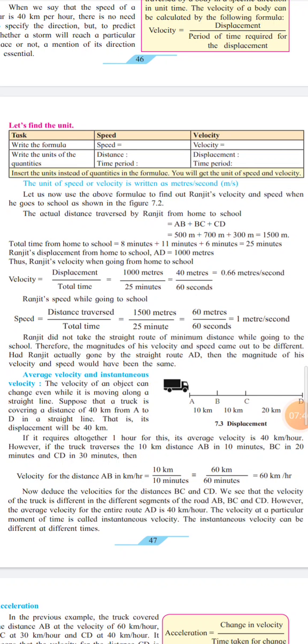Let's start the next subtopic, average velocity and instantaneous velocity. Average velocity means total displacement upon total time, and instantaneous velocity means the velocity at a particular point, which is called instantaneous velocity.